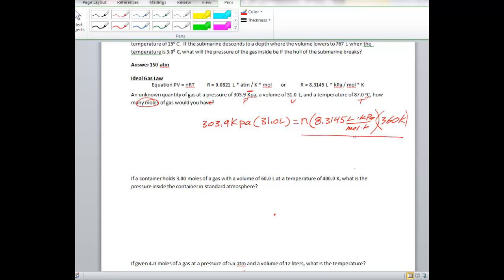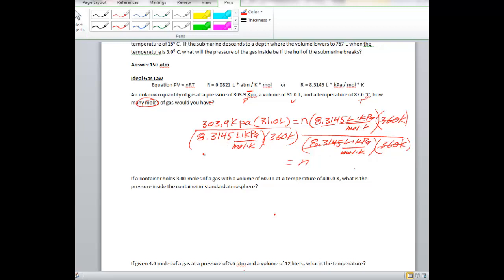So I want to solve for N, so I can divide this side by 8.3145 liters kPa over moles of K. Everything cancels out over here, and I'm left with N is equal to whatever operation I ran over here, I transfer that same operation over here.